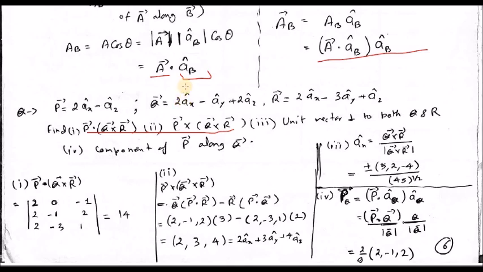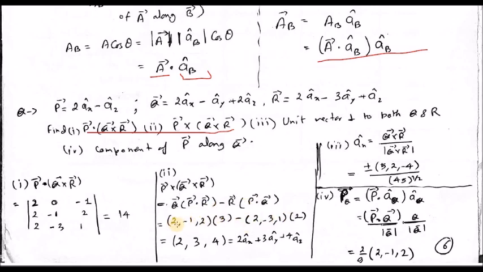So here we have 2 multiplied by 2, no y component in p, and for z we have minus 1 and here we have 2. So overall p dot q will be 4 minus 2, that is 2. So this is your answer.